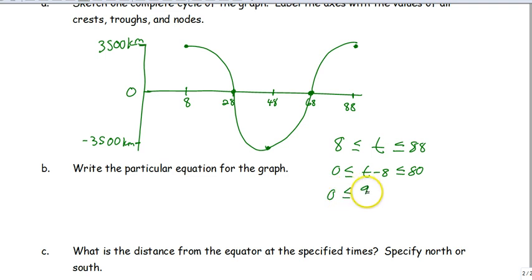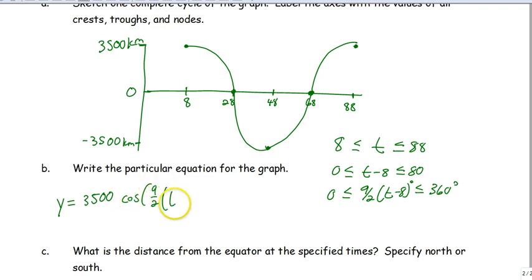So the equation is y equals, I made a positive cosine. The amplitude is 3500. Remember, this number is from the middle to the top or bottom. Cosine of 9 halves t minus 8 degrees.